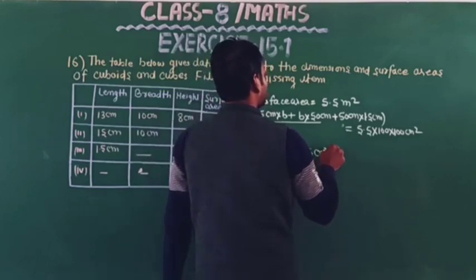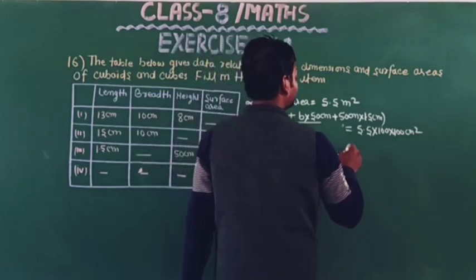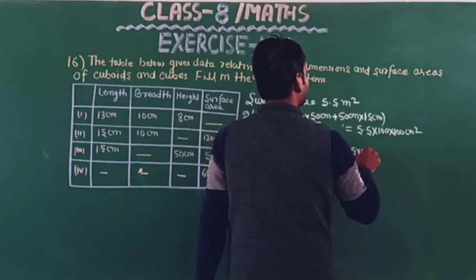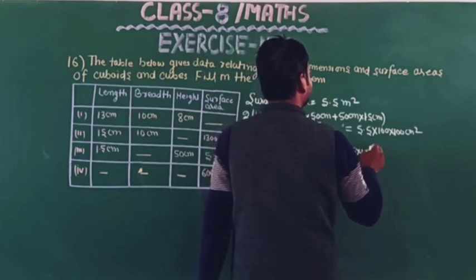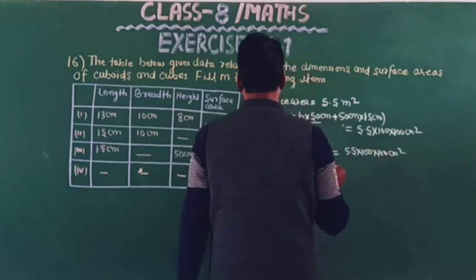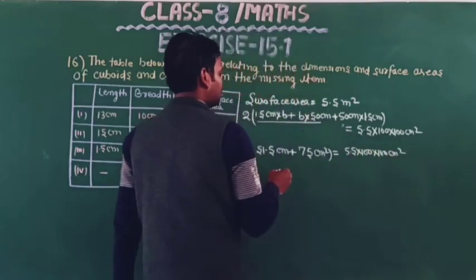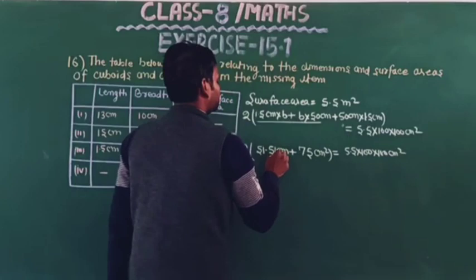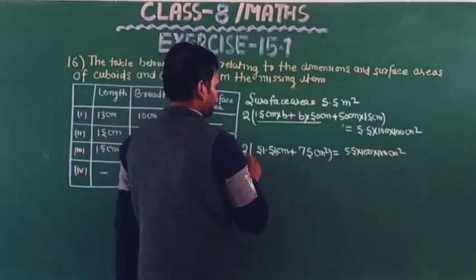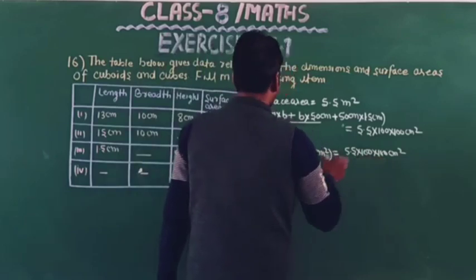Centimeter square equal to 5.5 into 100 into 100 centimeter square. This is 51.5 centimeter. Again, divide this quantity by 2.